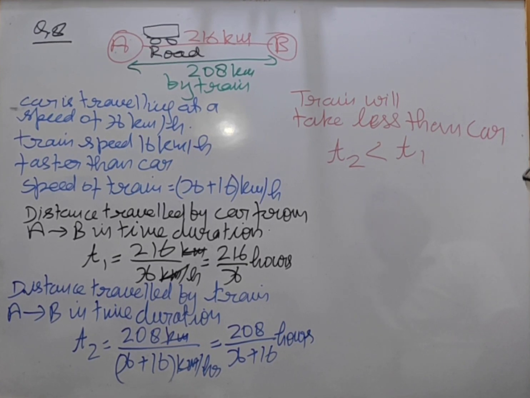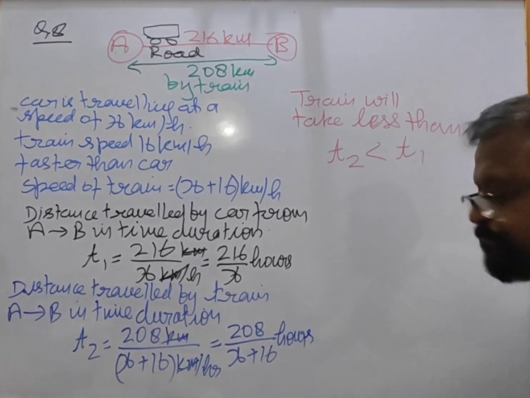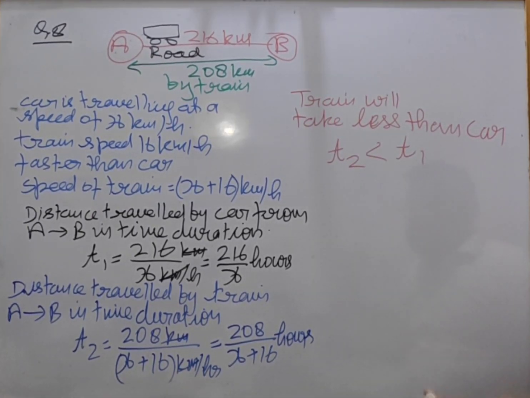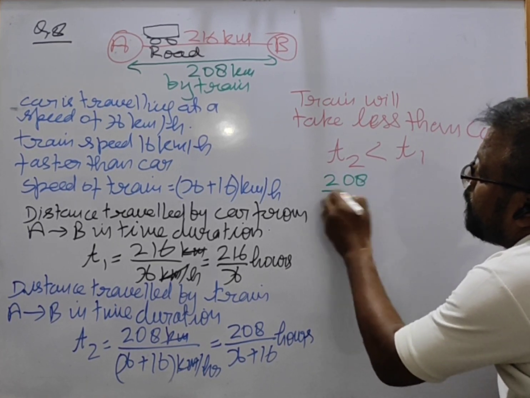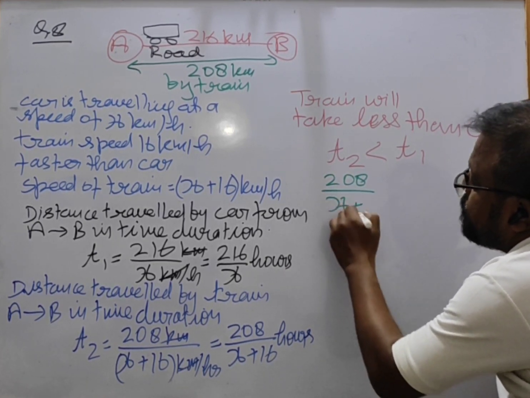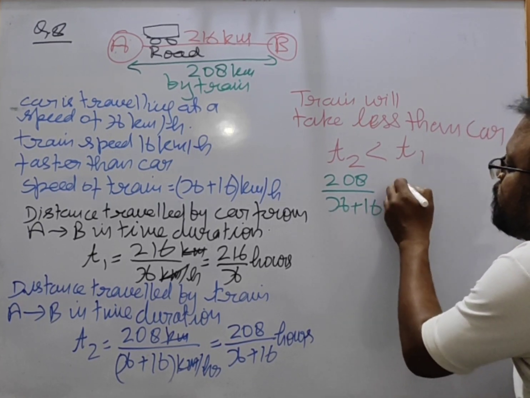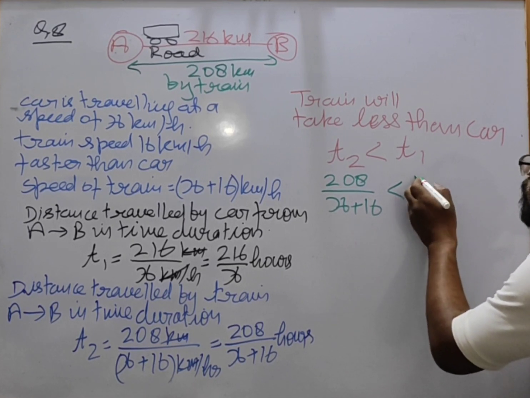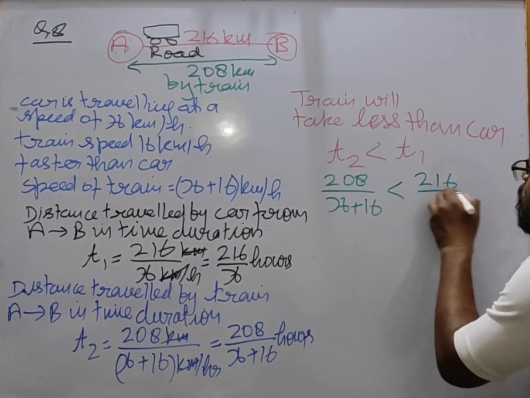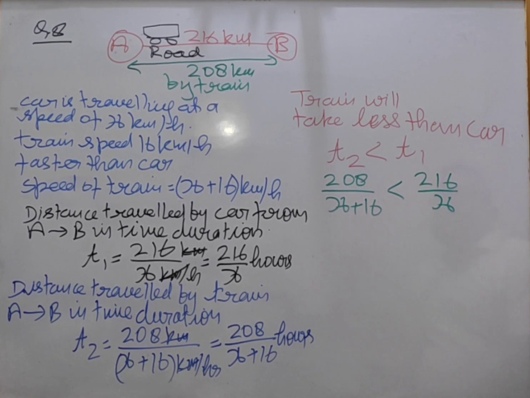So you can write it 208 upon x plus 16 is less than 216 upon x, right?